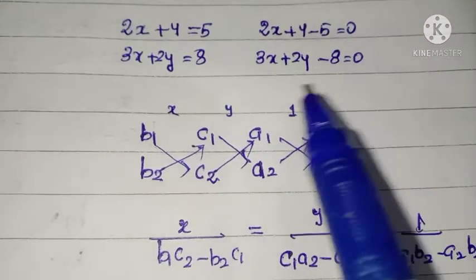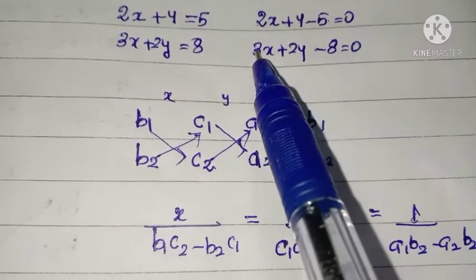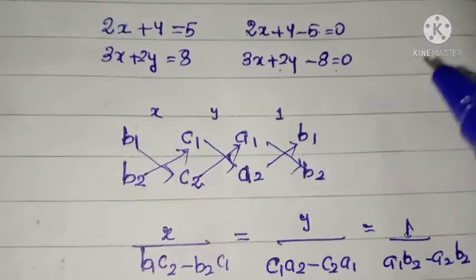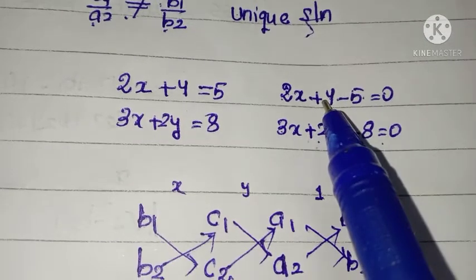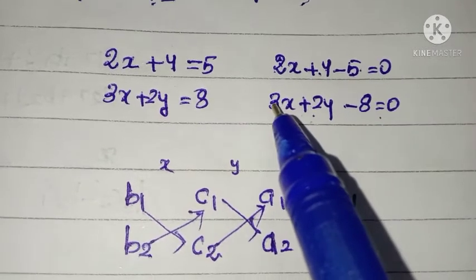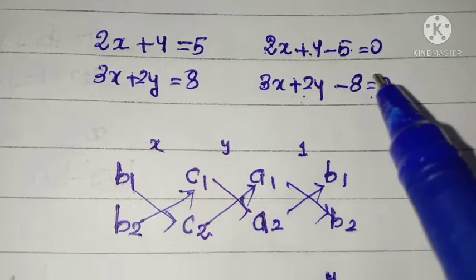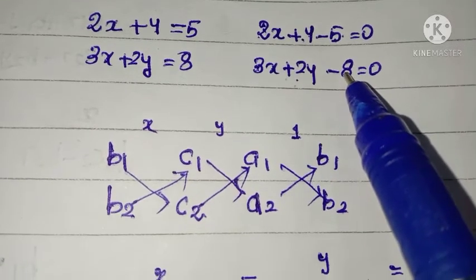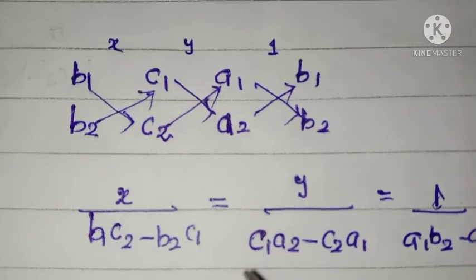Now from here we can identify a1, b1, c1, a2, b2, c2. a1 equal to 2, b1 equal to 1, c1 equal to minus 5. Similarly, a2 is equal to 3, b2 is equal to 2, c2 is equal to minus 8. So rewrite all these values here.